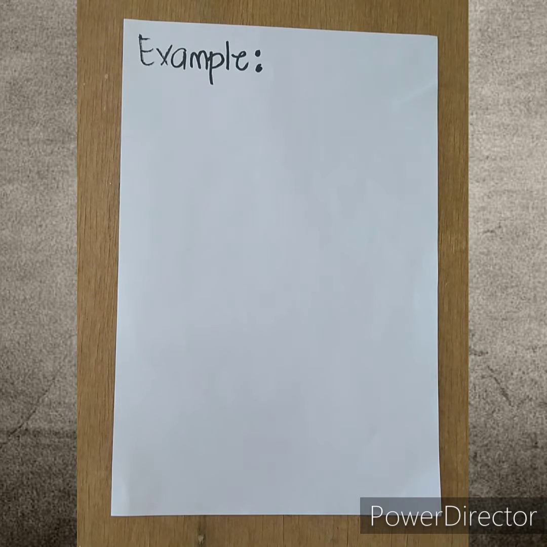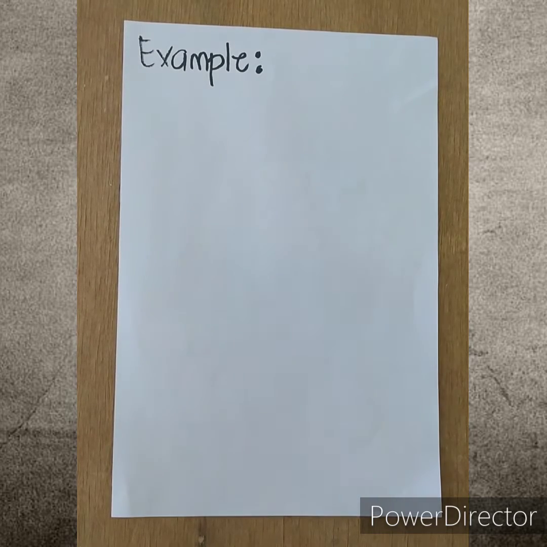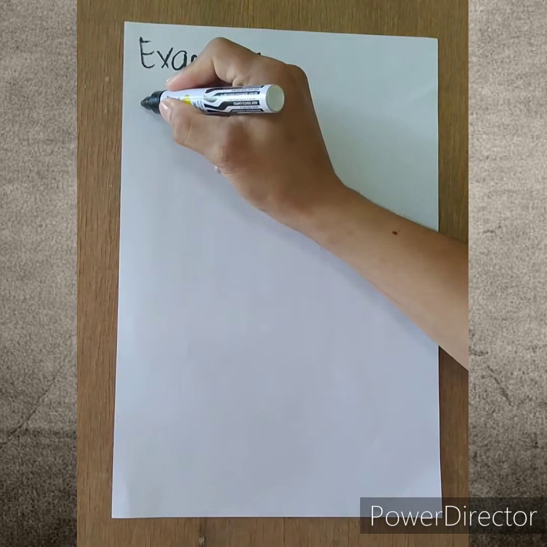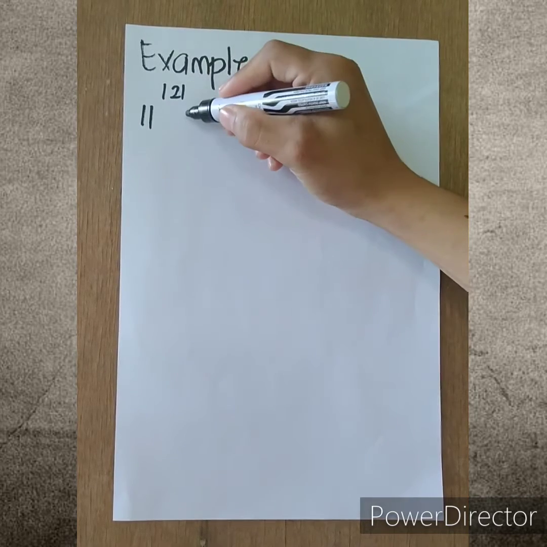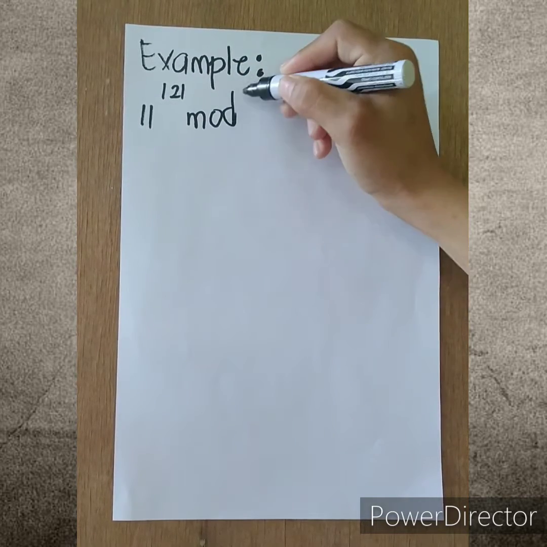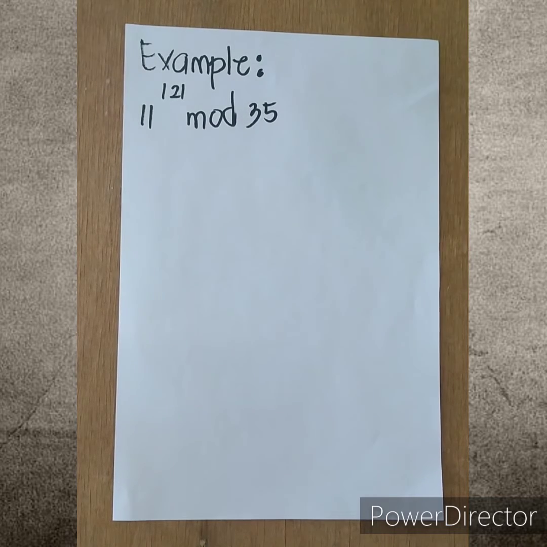So, for us to understand it more, let us have this example: 11 raised to 121 mod 35.